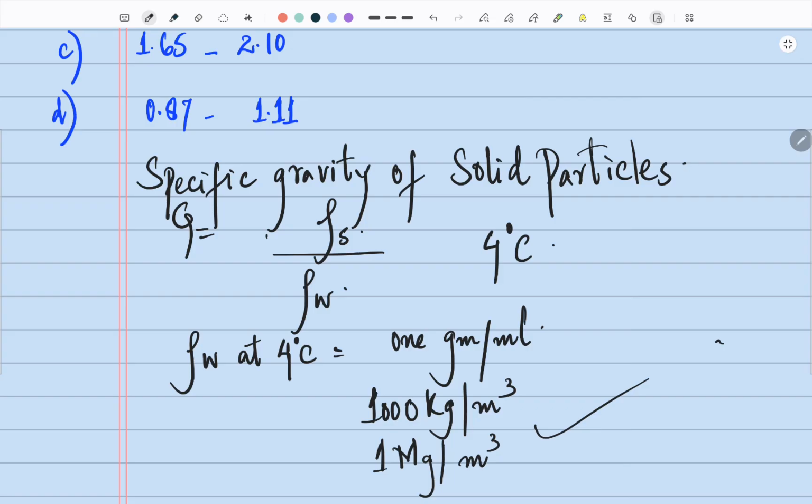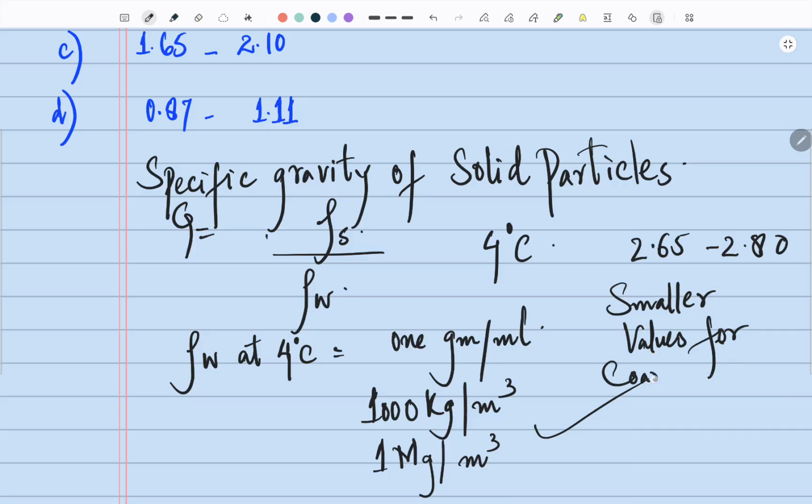All right, and it must be noted that the specific gravity of solids for most natural soils falls in the range of 2.65 to 2.80, and the smaller values are for the coarse grain soils, such as gravels and sands.